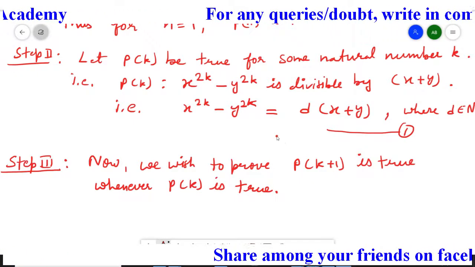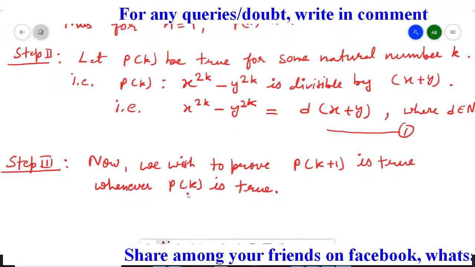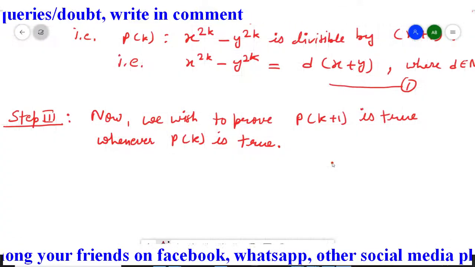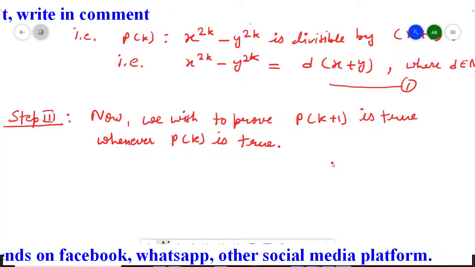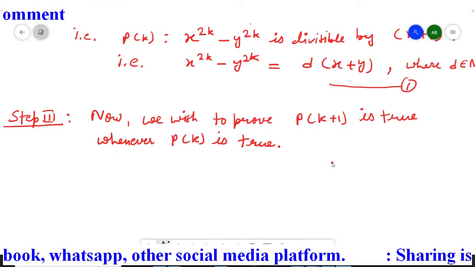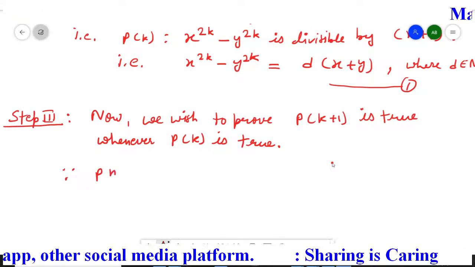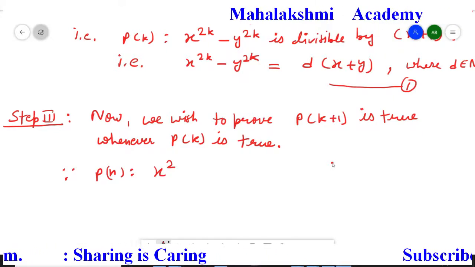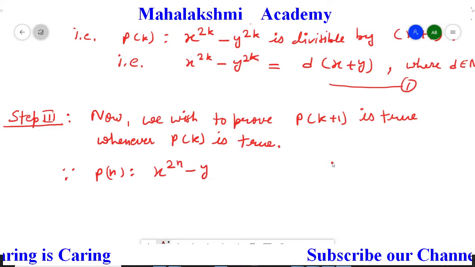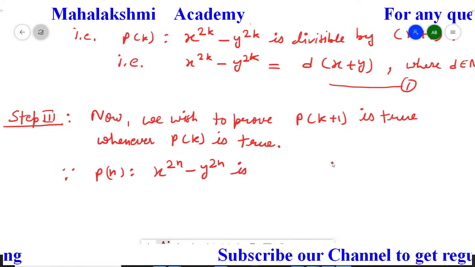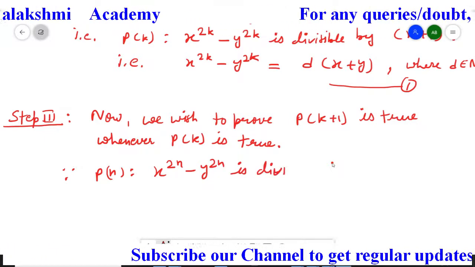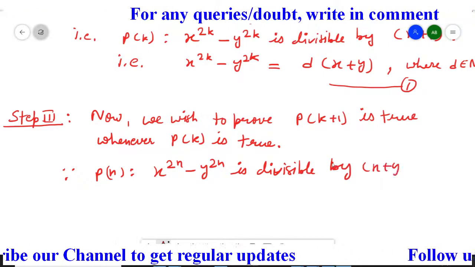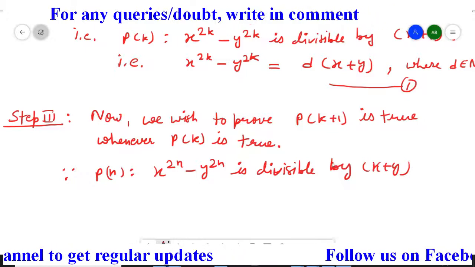So this we have to bring, students, we have to prove it with the help of Pk statement. So first in the Pn statement, instead of n we will replace it by k plus 1. Since Pn statement is, we will write down from the question, that is x raised to the power 2n minus y raised to the power 2n is divisible by x plus y. So this is our Pn statement.